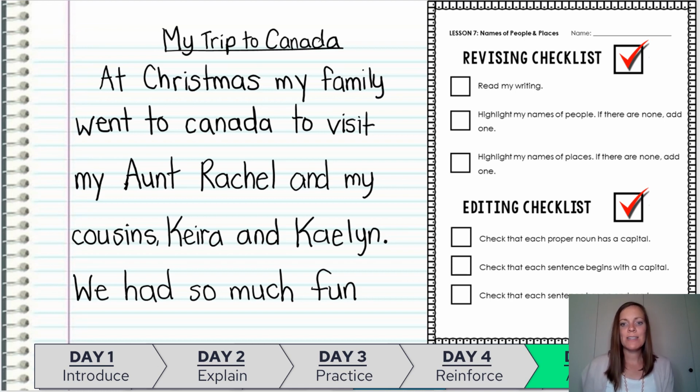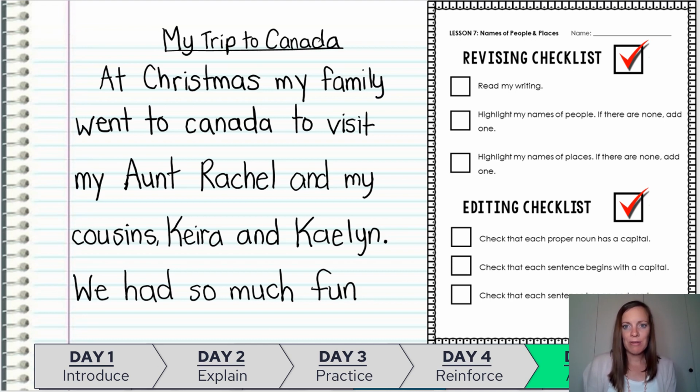So it's best to just simplify your revising and editing checklist to only include items that you've taught them that week. So this is focused on grammar. You could also include some other items that are more related to the genre you're teaching. But here I just have all my items related to proper nouns.